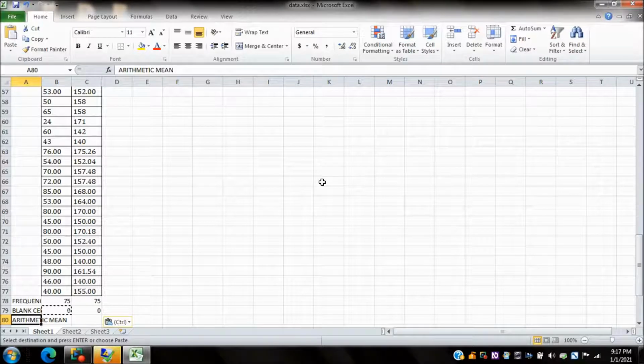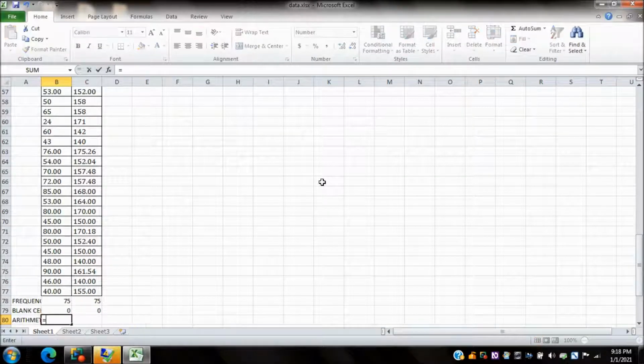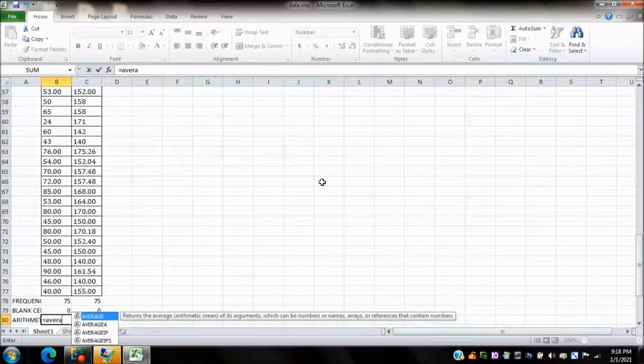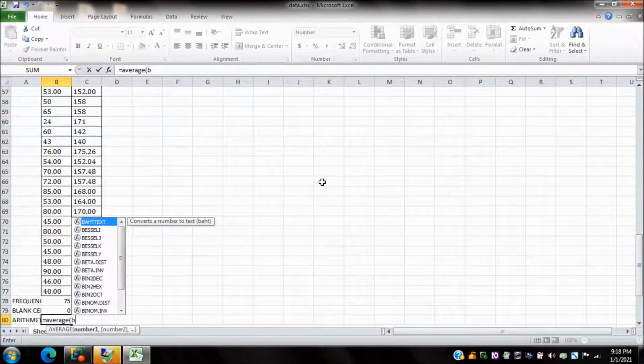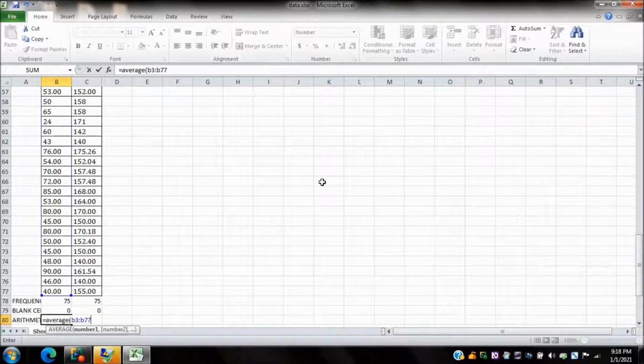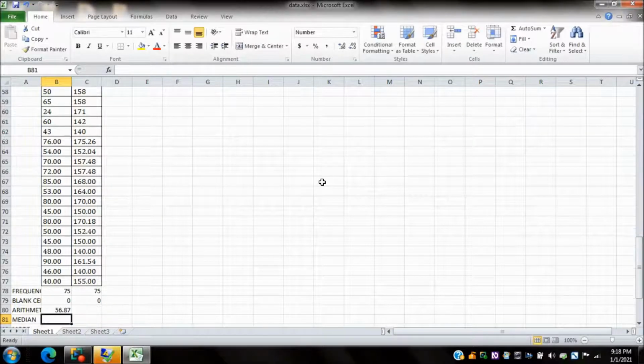So I'll go to B80. B80, weight. And I'm going to input equals AVERAGE and the cell range. AVERAGE, left parenthesis, B3 colon B77, right parenthesis. And I'll press enter. And I'll press up arrow to check. 56.87 as formula B80.